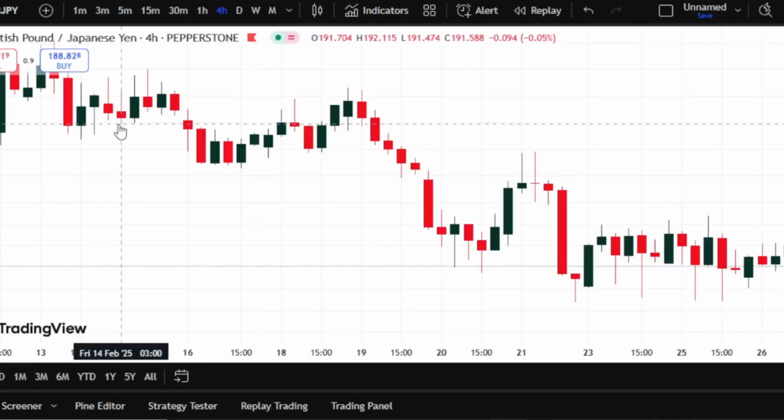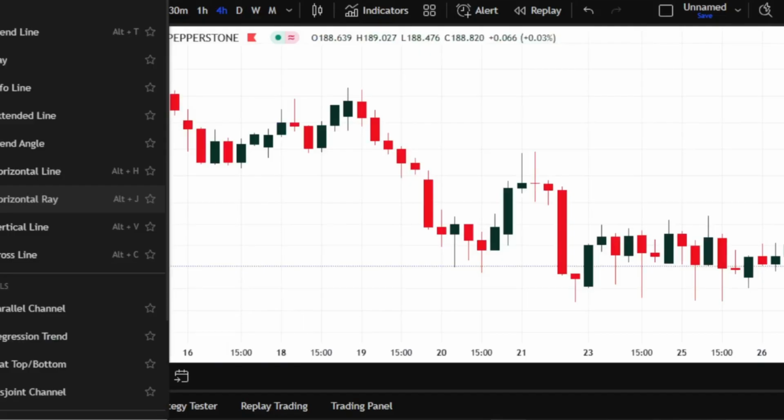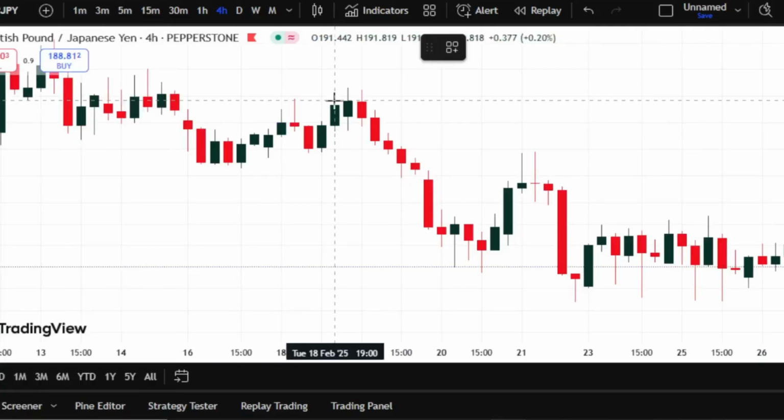When you are marking it, you have to mark the first candle. In this case, it's going to be the bullish candle. It's going to be the closing, because in the Malaysian SNR, we only consider the body closing of the candle.